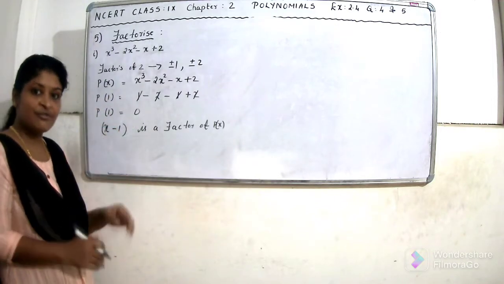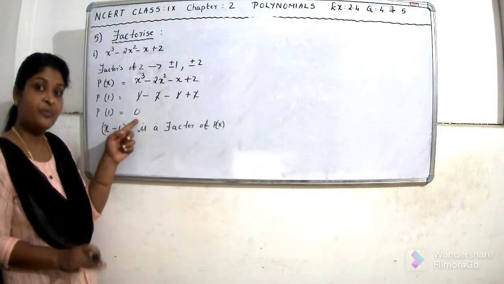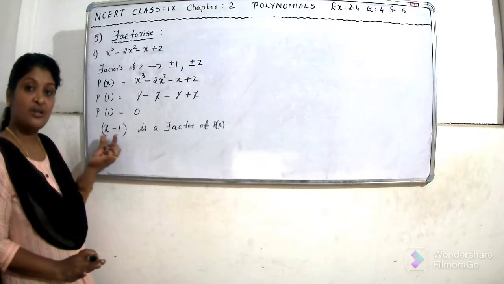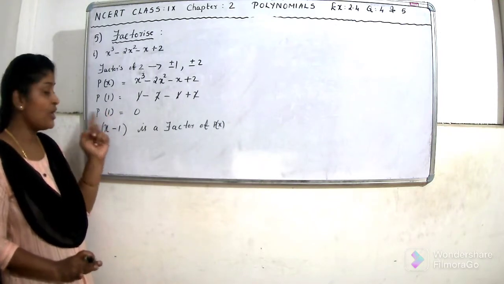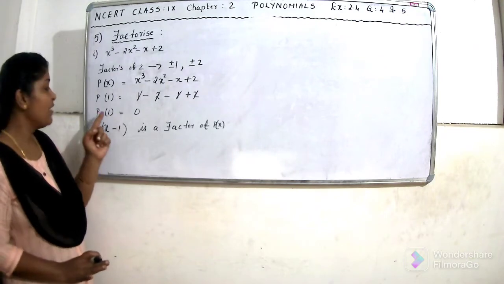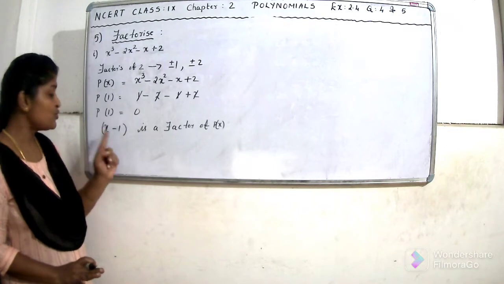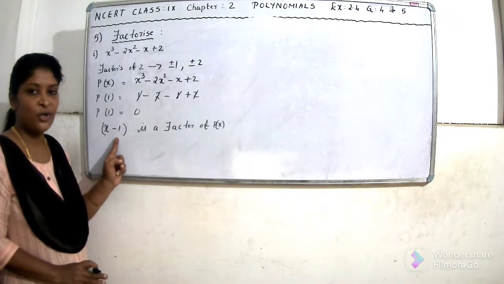Now here it is the reverse. Here when we get the remainder 0, then confirmly the number or the polynomial is a factor. So here it is 1, so negative 1 we have to write. When we substitute, we get 0, so here it becomes positive 1, because always we are taking the zero of the polynomial, no?